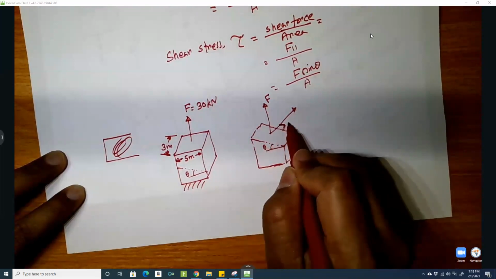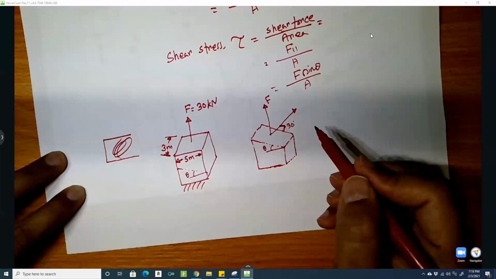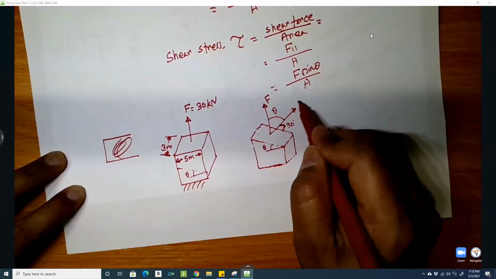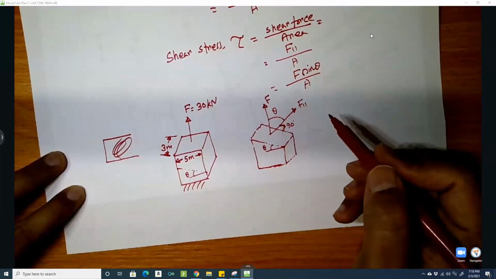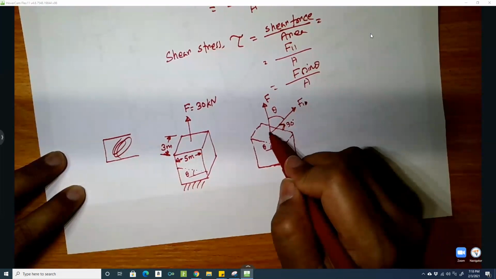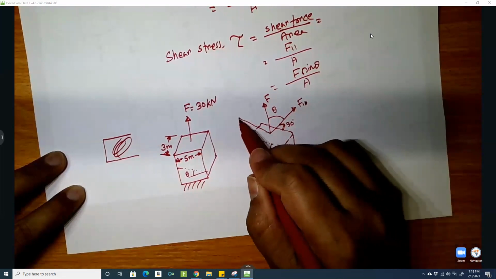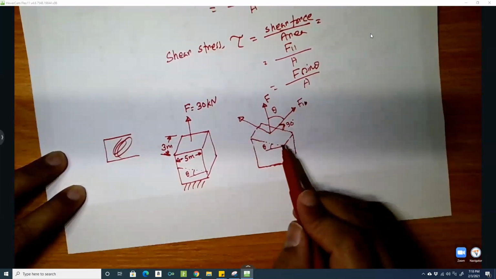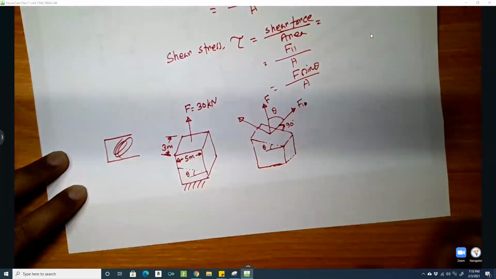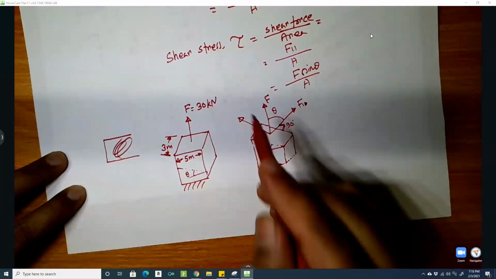So that is 90 degree, and this is my theta. F1, and the other force is working along the direction of this inclined plane, F2.